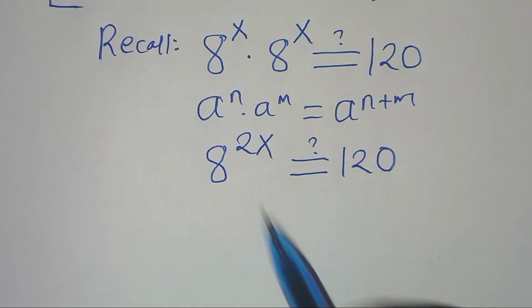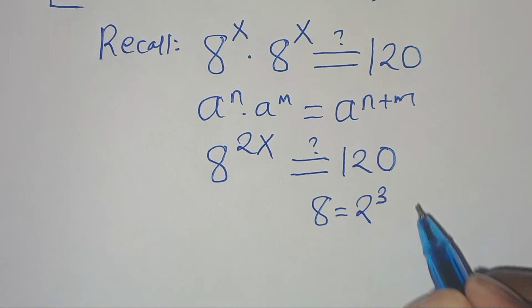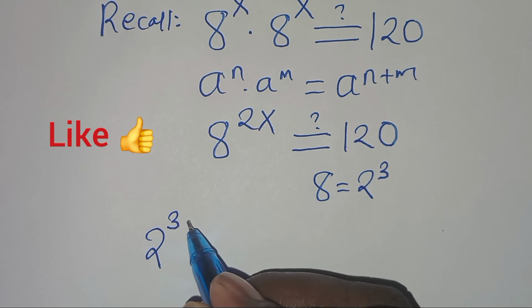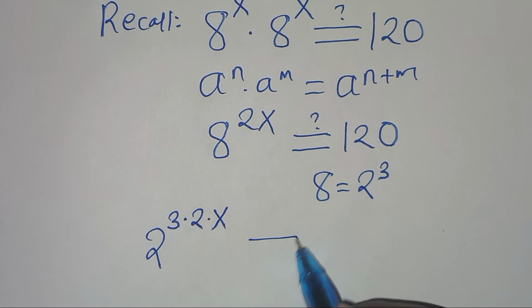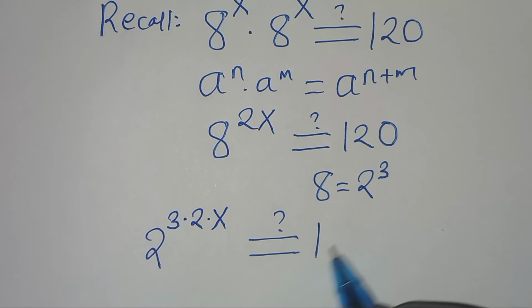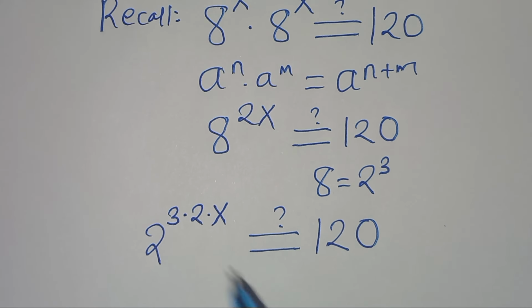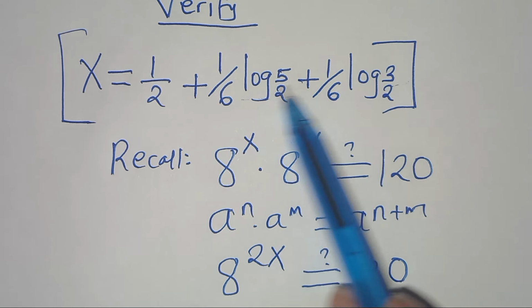Now, we can express 8 as 2 to the power of 3. So this is 2 to the power of 3 times 2 multiplied by x. This should give us a value of 120. So the next step is to substitute the value of x.